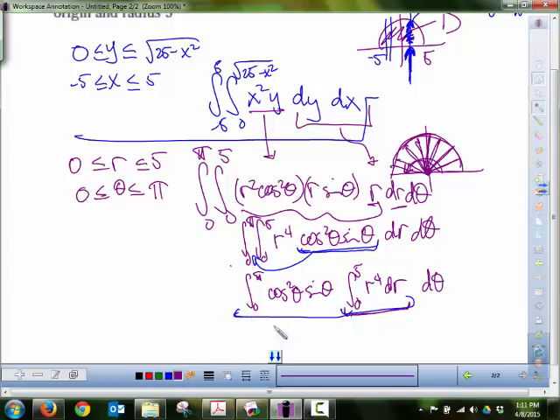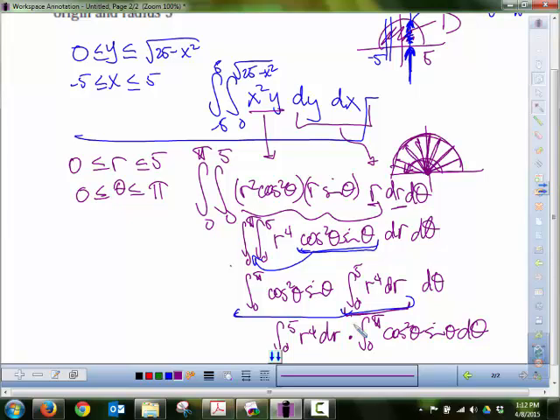And so what do you have? You have the integral from 0 to 5 r to the 4th dr, and then the integral from 0 to pi cosine squared theta times sine theta d theta. And now I have 2 separate integrals, single integrals, that don't seem to be dependent on each other. And I can just compute one, compute the other, and then multiply.